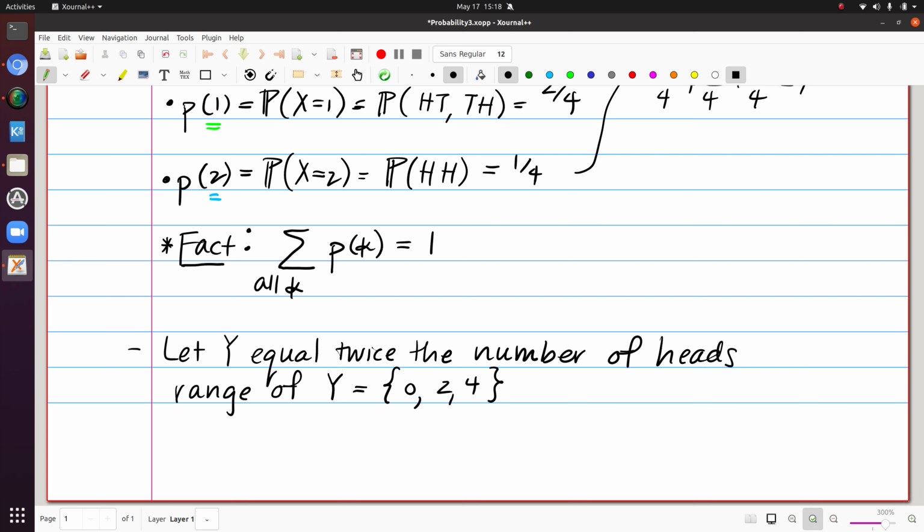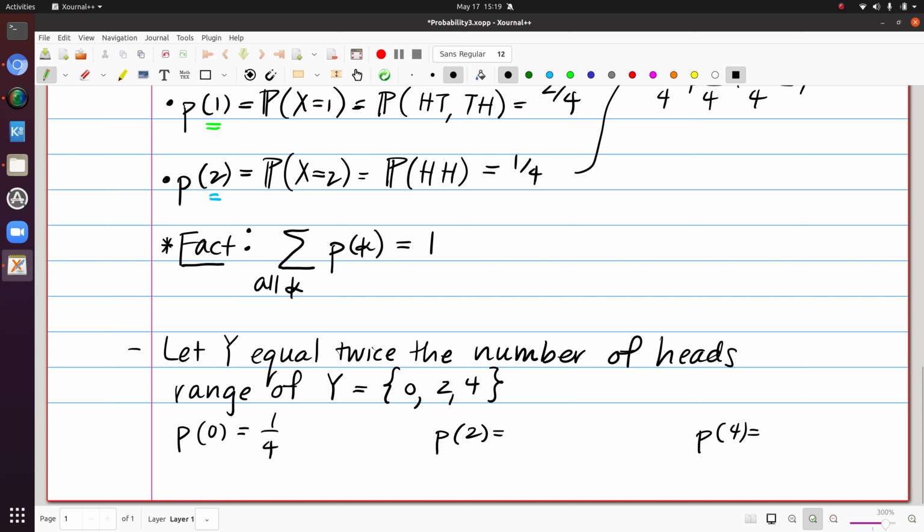And in this instance, if I needed to find the mass density, I would need to identify these 3 function values. p of 0, that occurs in the instance that we see no heads, which is 1/4 of the time. p of 2 can happen in one of 2 ways.